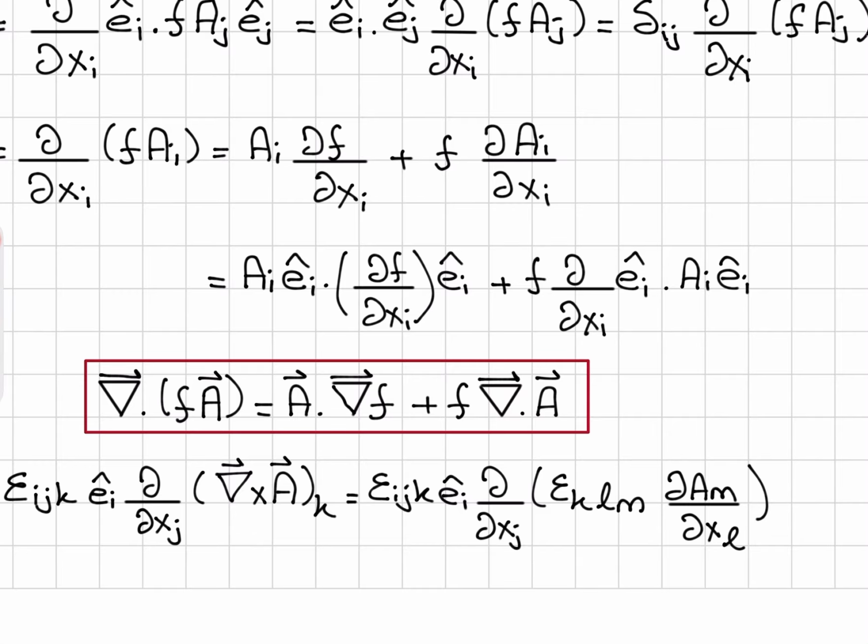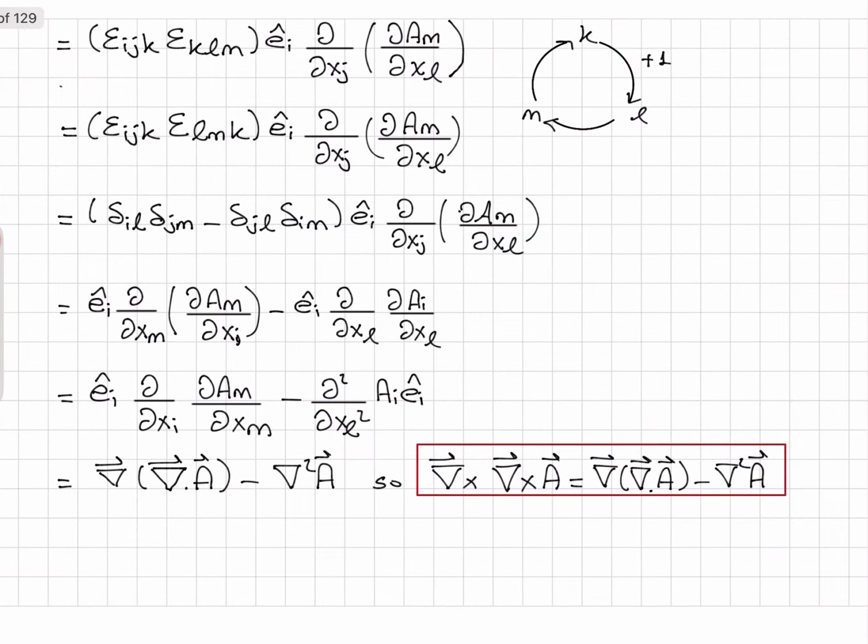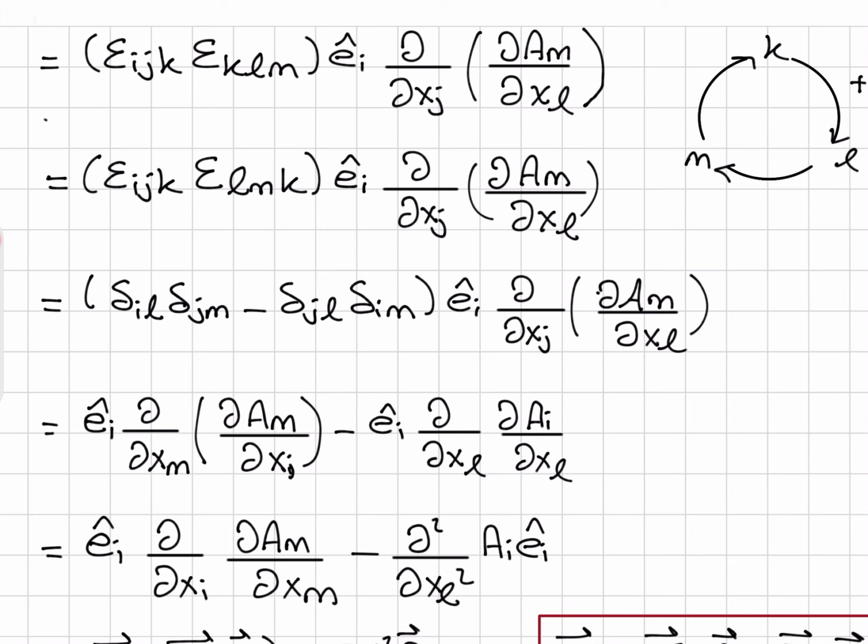Okay. And epsilon ijk epsilon klm can be written as epsilon ijk epsilon lmk, and I didn't touch the rest of the expression. For this one, I used the cyclic permutations: epsilon klm is equal to epsilon lmk is equal to epsilon mkl, etc.